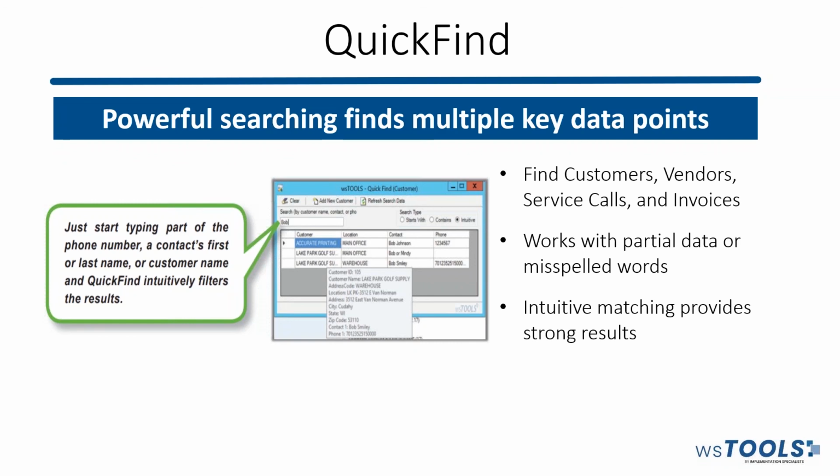It has the intuitive search. So if you have somebody's name that you're trying to type in and you get close, it'll do a search, whether it's against the contact field or the customer field, and try to bring up that data as close as it can based on what you typed in. So even if it contains something like plumbing, but you're not sure what the first name is, you can type in that kind of data and have it find it.